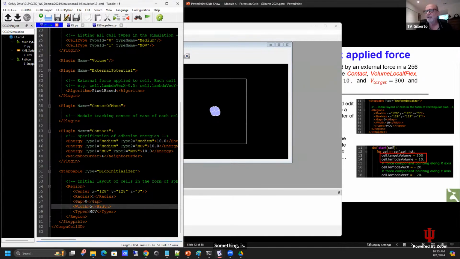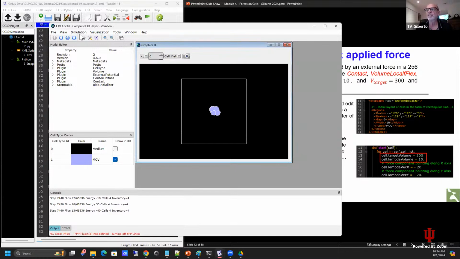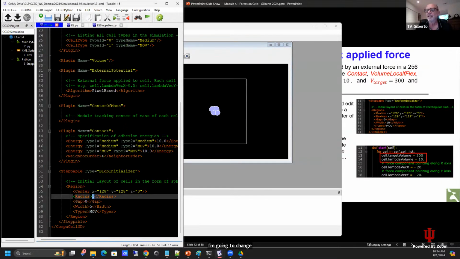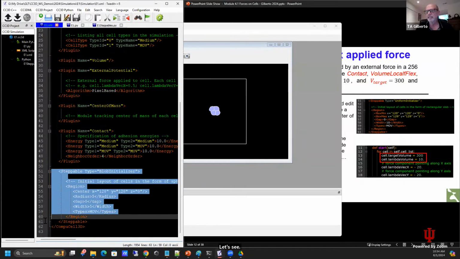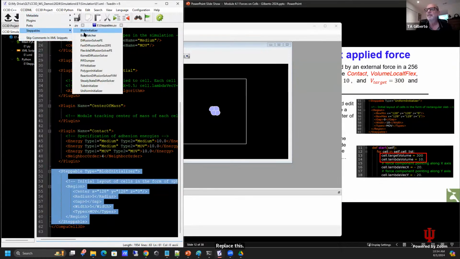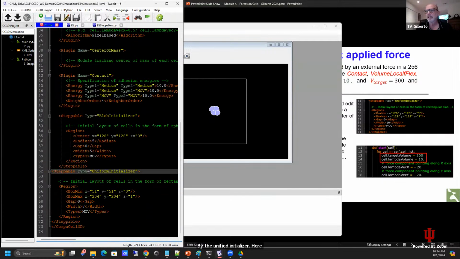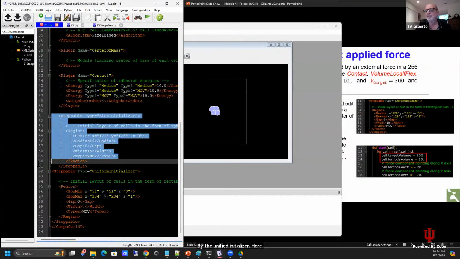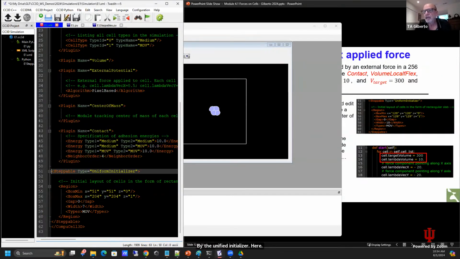I have 5. I'm going to change it just a second. Let's see. I can replace this steppable by the uniform initializer here. Get rid of this one. Now I have the correct one.